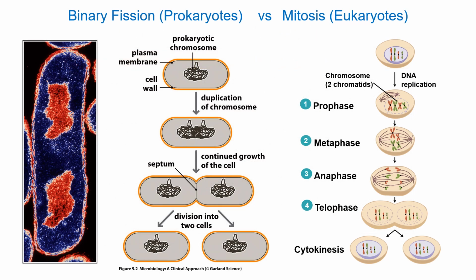Now let's compare reproduction in eukaryotes and prokaryotes. Remember that in eukaryotes we have mitosis, which is asexual cellular division, and then we have meiosis, which produces gametes directly in animals. It's a bit more complicated in plants and fungi, as we discussed. But in eukaryotes, we have, of course, straight or linear chromosomes.